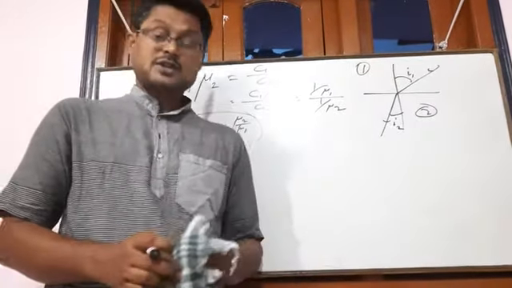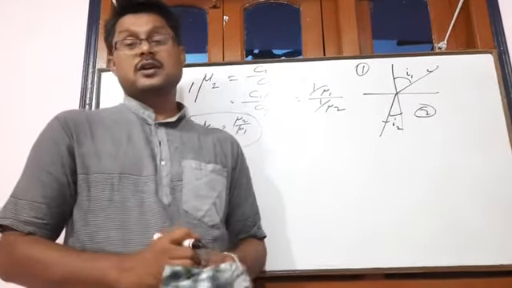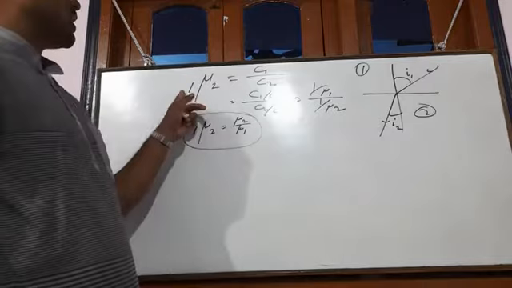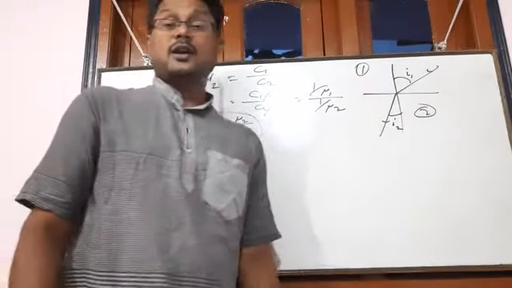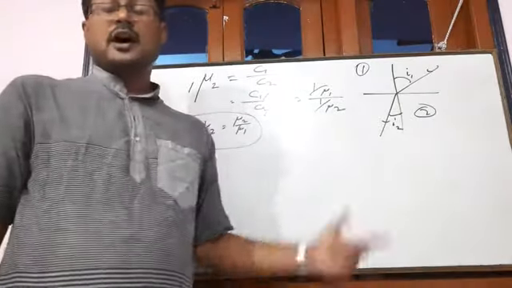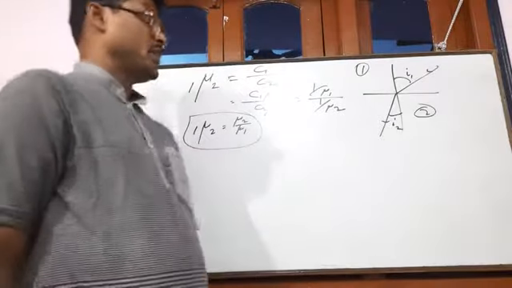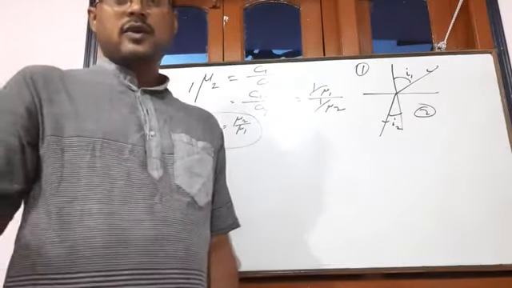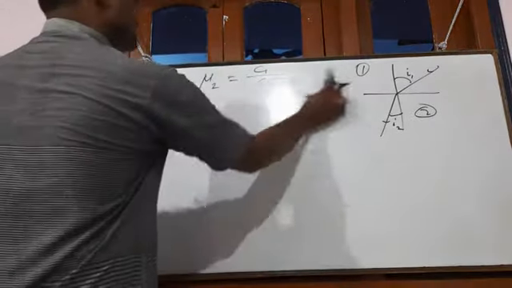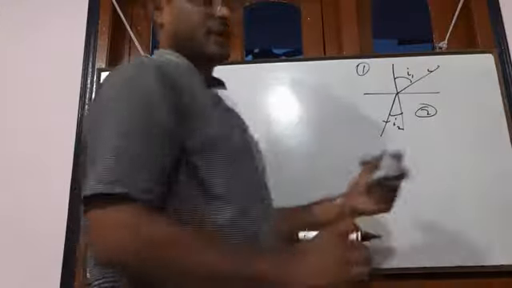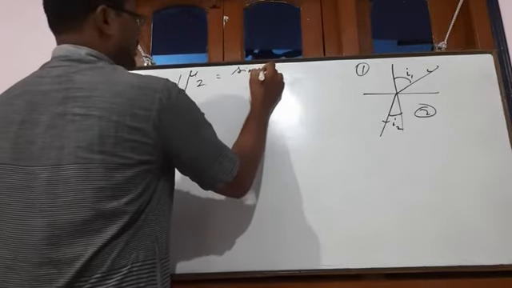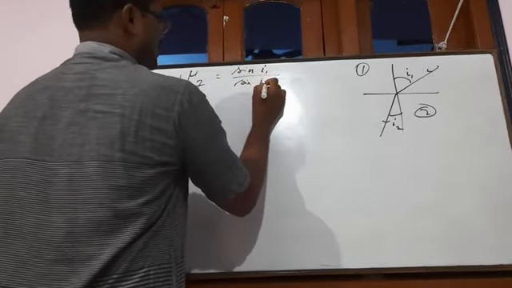Okay. Now with this idea we can represent Snell's law in a different form. When we are trying to find the relative RI, then we are taking the absolute RI of the media. Let a light ray travel from the first medium to the second medium, then we know that 1mu2 equals sine I1 by sine I2.